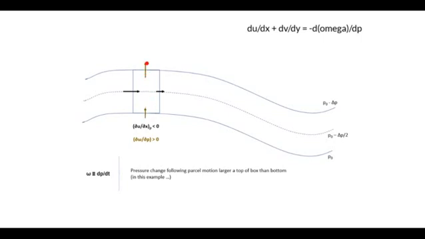So as you go higher in pressure, as p increases, omega becomes less and less negative, or increasing. So we have increasing omega with pressure. That follows suit: as du dx is negative, d omega dp must be positive. And so we have a positive d omega dp indicated by these vertical layers.